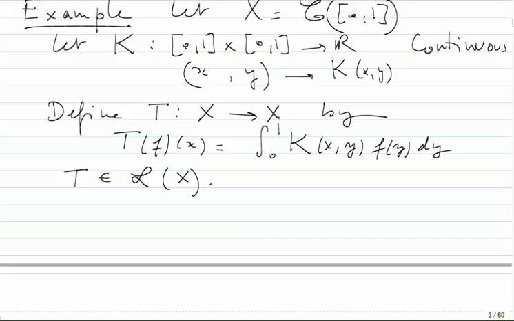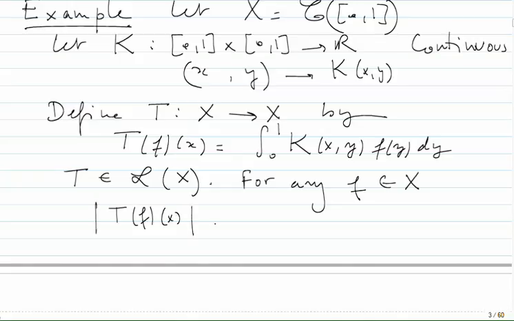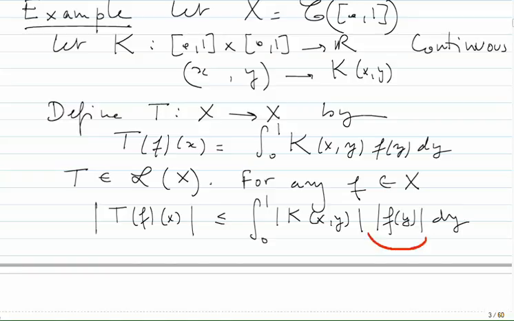And we have for any f in X, so it's a continuous function on [0,1], therefore it's bounded. So we get the absolute value of T(f) at x is less than or equal to the integral from 0 to 1 of |k(x,y)| |f(y)| dy, which is less than the sup of |f|, which you can put outside.